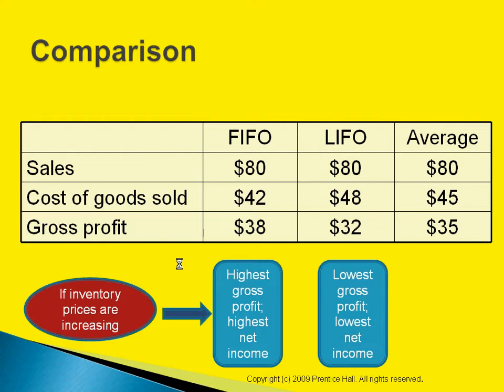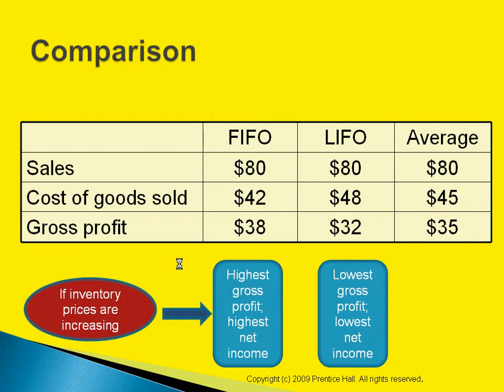In periods of rising prices, the gross profit is highest under FIFO, lowest under LIFO. So you can see by using FIFO and LIFO, you can manipulate what your profits are going to be and what costs remain on the balance sheet. And of course, an average method is a combination of the two, whereby it gives you somewhere in between.